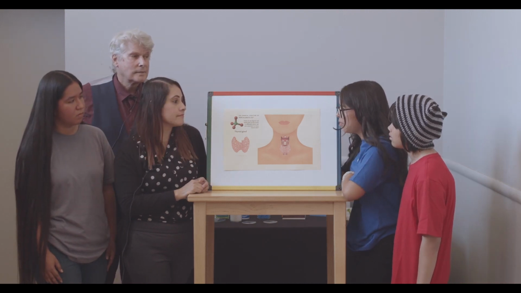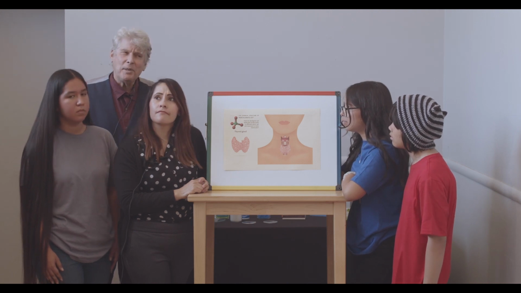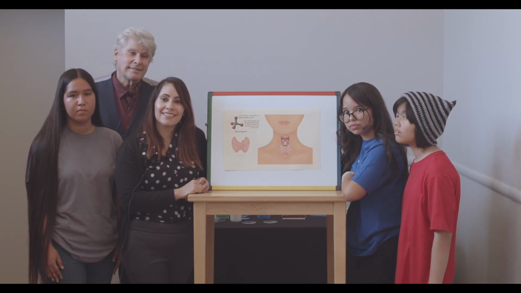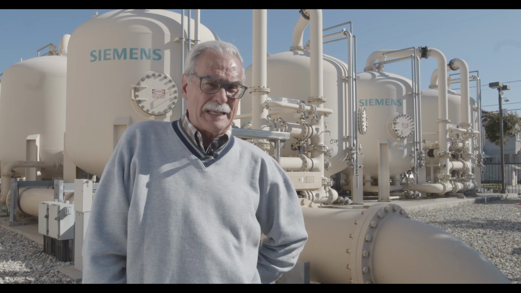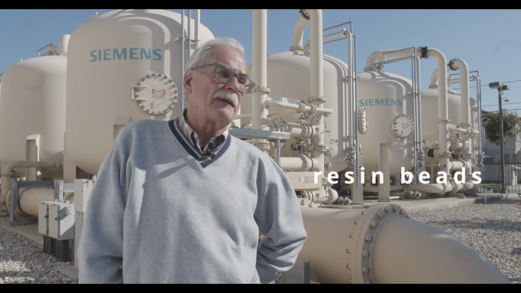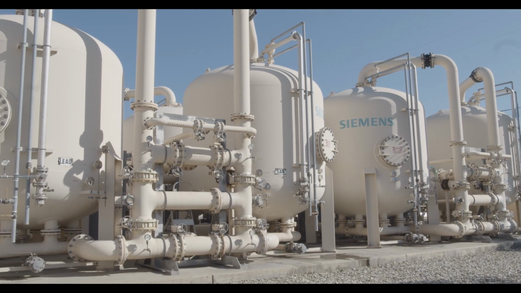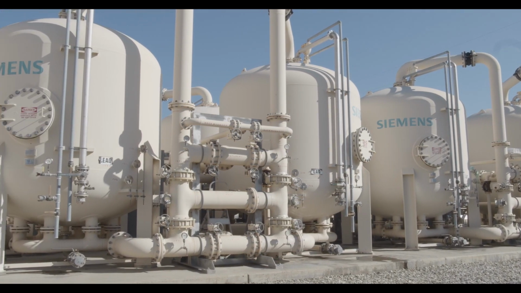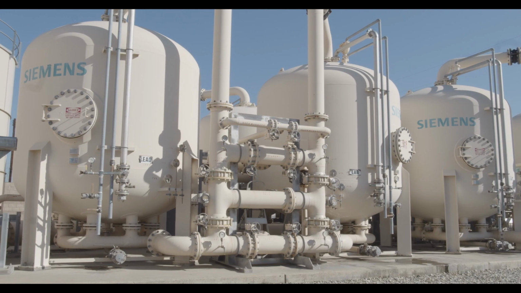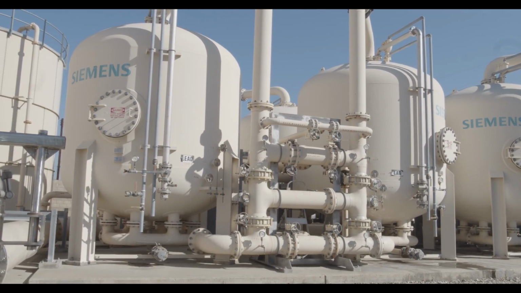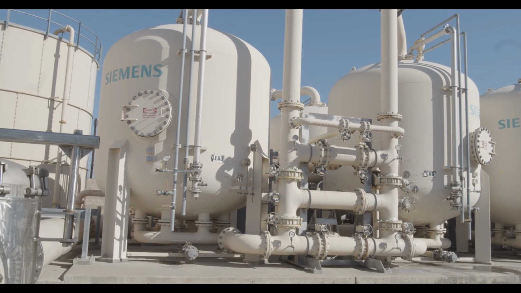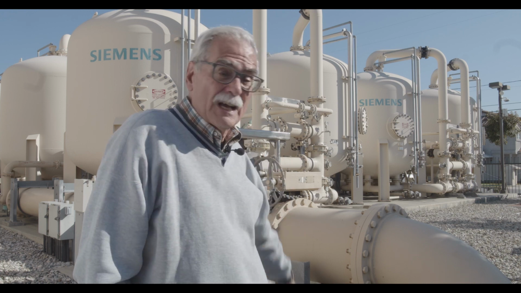How do we get it out of the water? Let's see what Dan has to say about that. Tiny little resin beads, little plastic resin beads, are in these vessels back here. There are 6 pair of vessels in a lead-lag configuration. The vessels have the resin beads inside them, and the water goes from the lead vessel through the configuration of piping that you see over here between the 2 vessels.